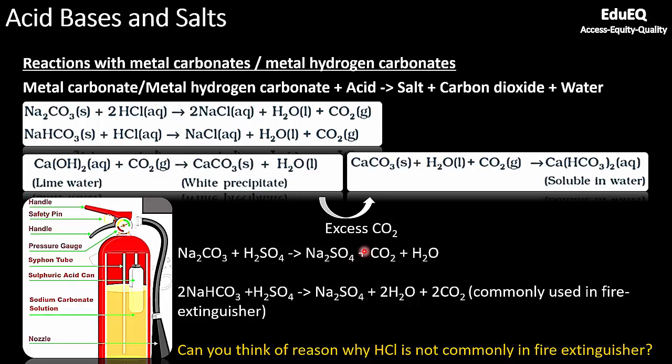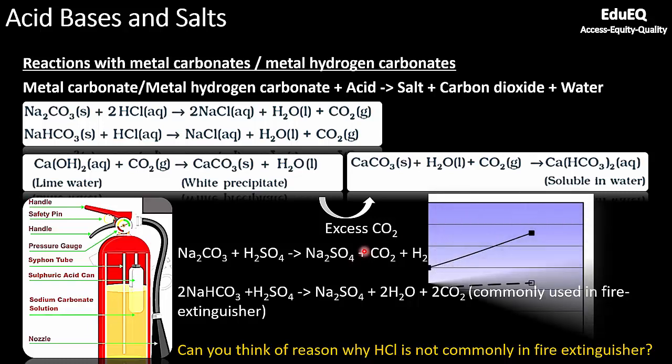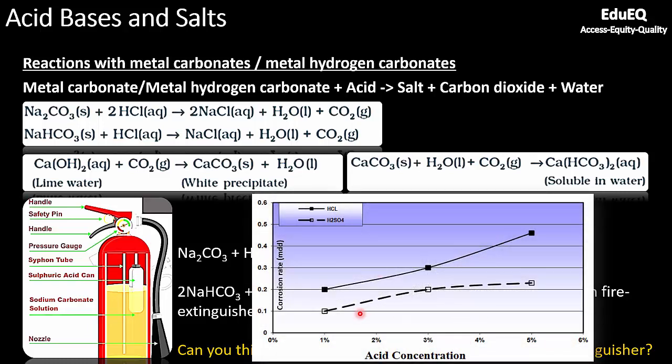The question is valid, but just to give you some hints, you can see the corrosion chart here. This is the concentration of acid. This dotted line is for sulfuric acid. This solid line, what you are seeing here, is for hydrochloric acid. And this is the rate of corrosion. As you can see, these extinguishers are typically made of mild steel or some variety of stainless steel.